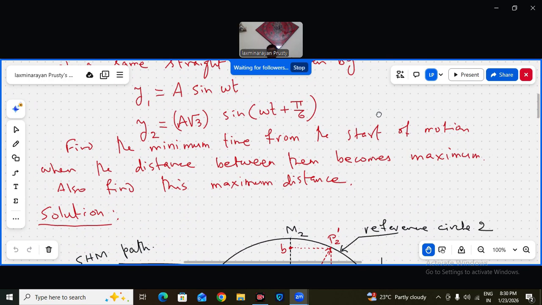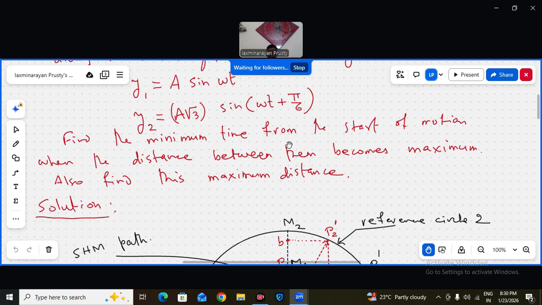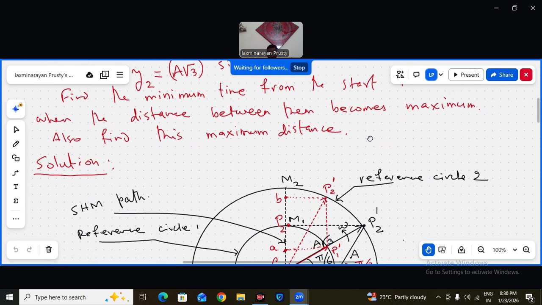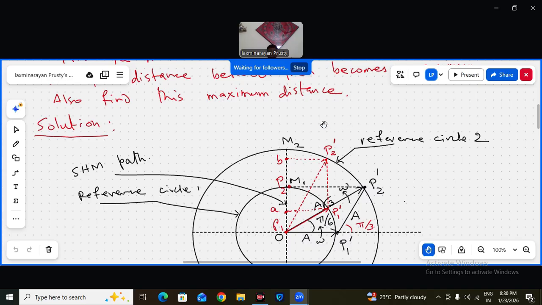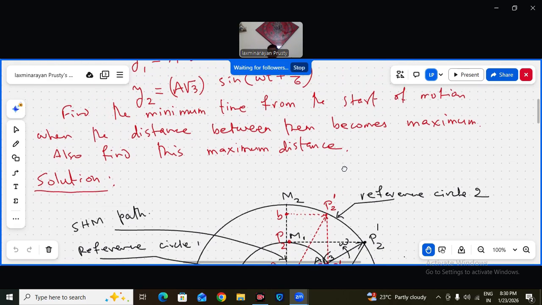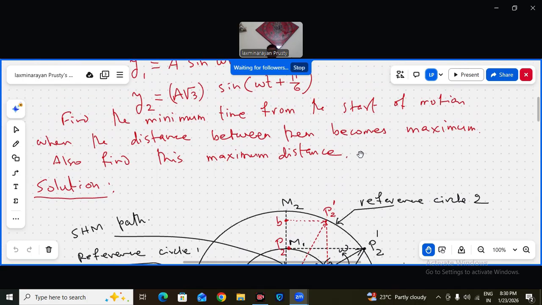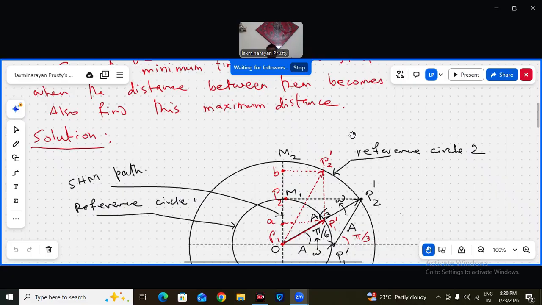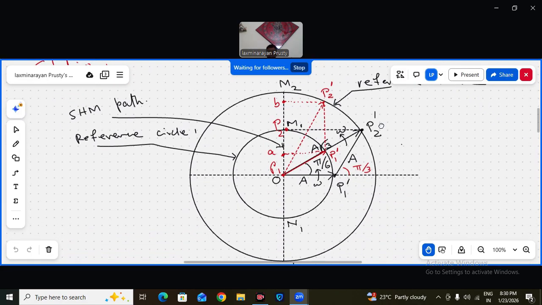Find the minimum time from the start of the motion when the distance between them becomes maximum, and also find this maximum distance. If we start directly with SHM, it will be very difficult to find the distance between them, when it will be minimum, when maximum, and if maximum, how much it will be. Right?